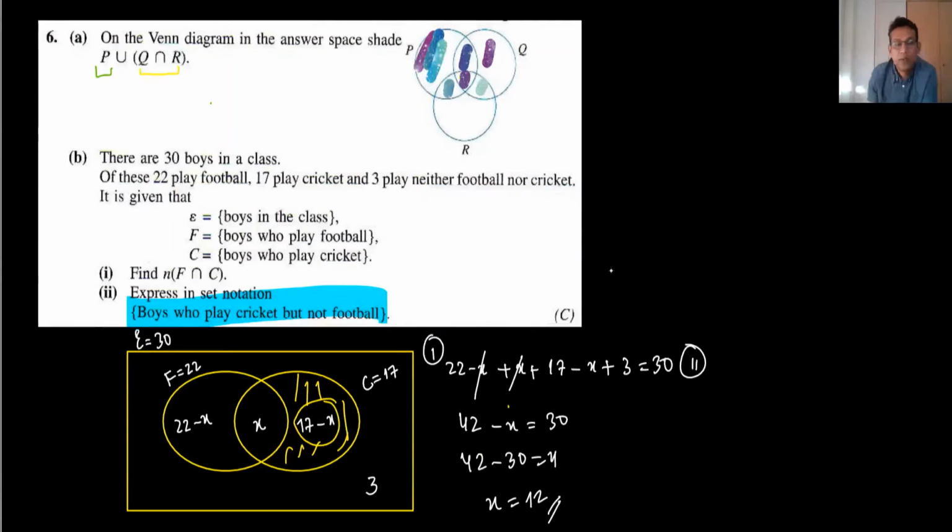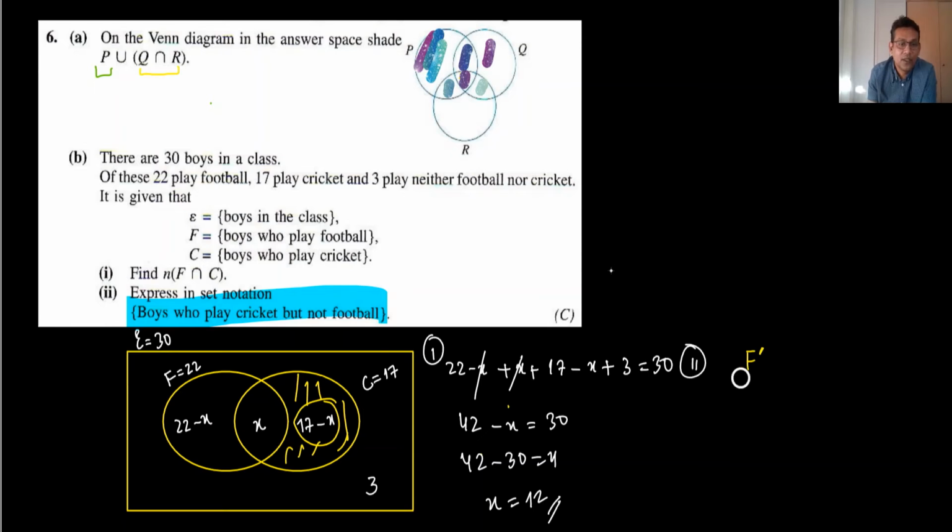When I make the set of this, F is not involved, so it means F is always complement, because no area of F is involved. F complement means F is gone.